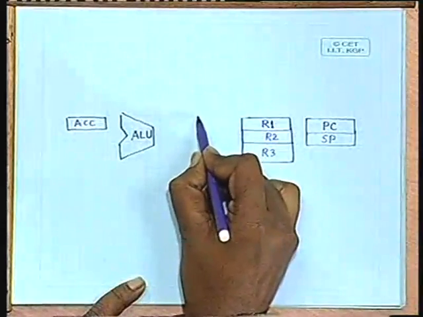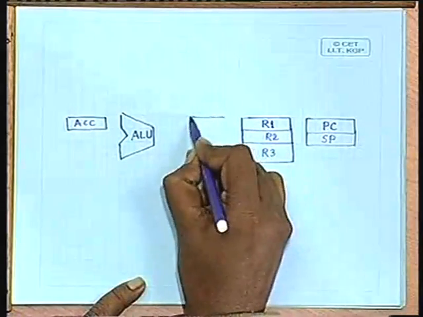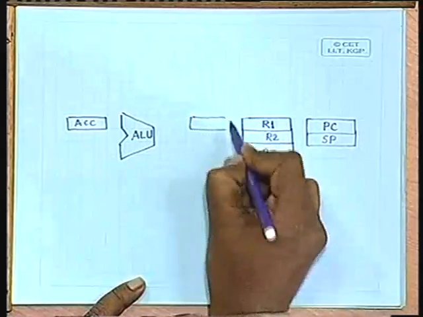Now, another important part of the computer is instruction interpretation. Before execution of the instruction, the CPU must know what that instruction is supposed to perform. That means the CPU has to decode the instruction. So, the opcode, the code of the instruction, which is the machine level code, has to be read from the memory and it is put in another register in the CPU which is called an instruction register.